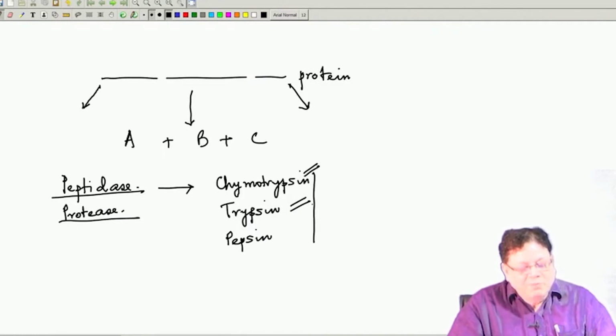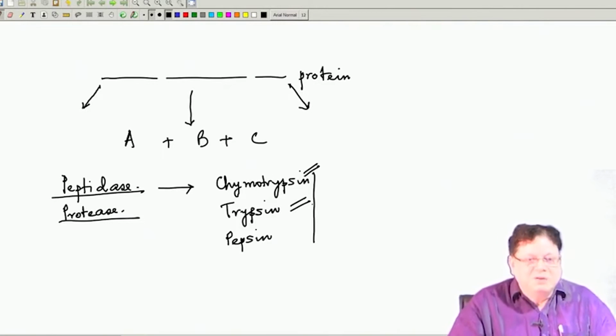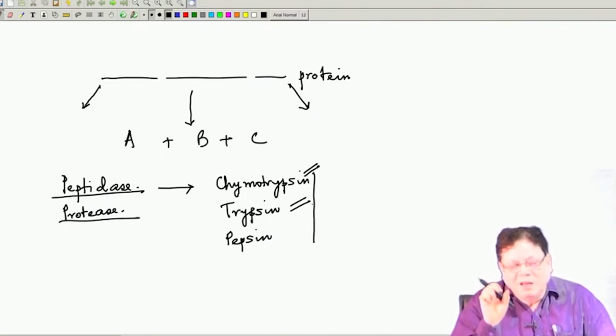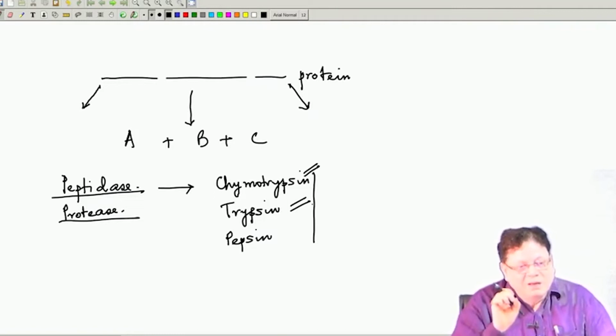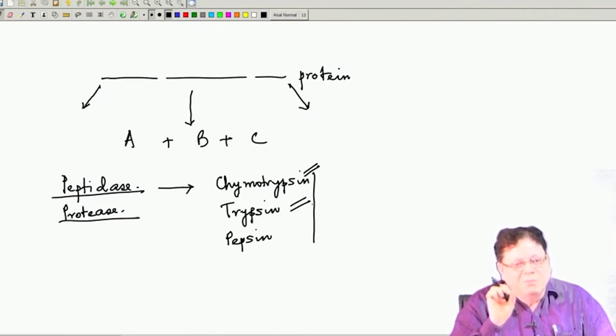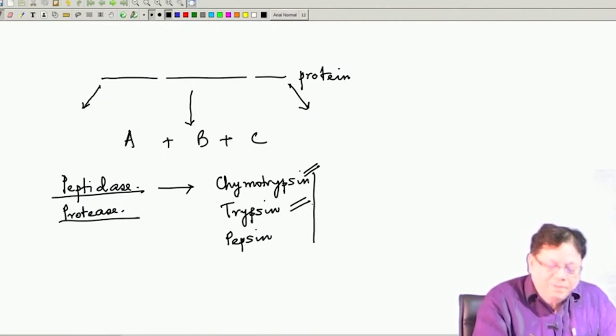That is why people have selected chymotrypsin and trypsin, because they are extremely selective. Their selectivity is pretty narrow, meaning they only recognize a very specific, minimum number of amino acids.